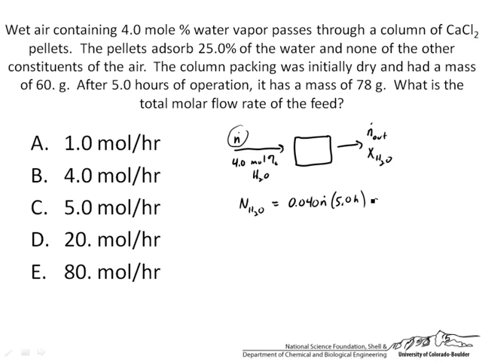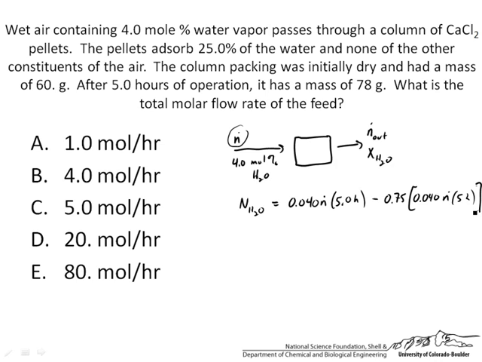You're given in the problem statement that 25% of what came in didn't come out, and therefore 75% of the water that went in did come out. So we take this 75% and multiply it by the number to the left of it. So 75% of what comes in comes out.